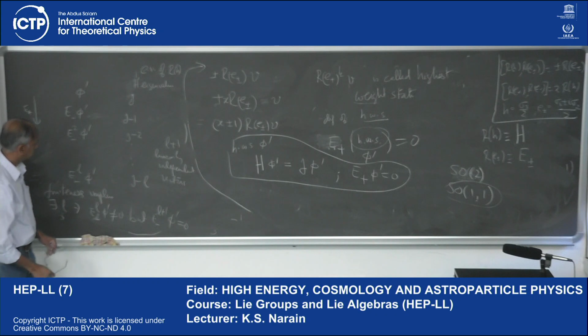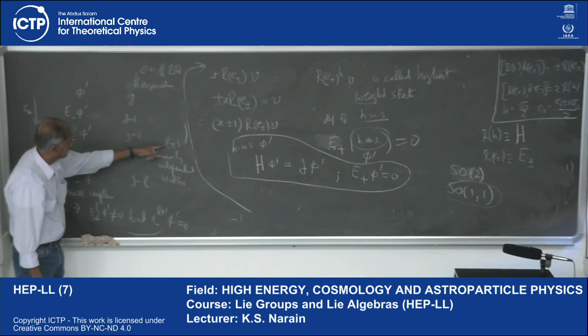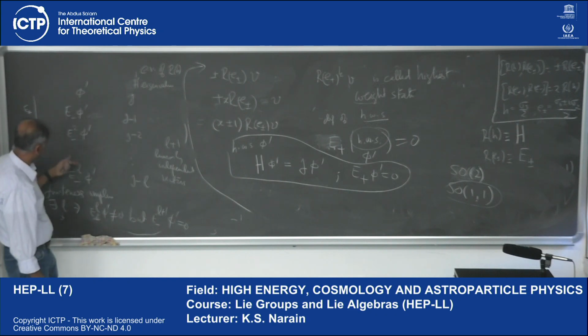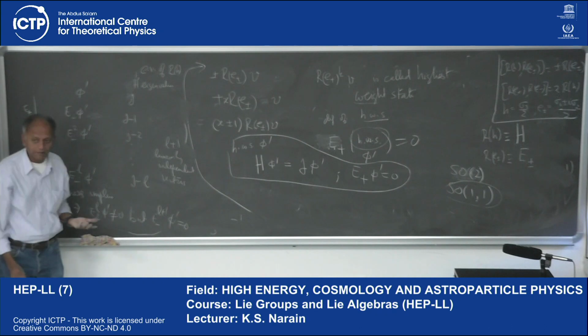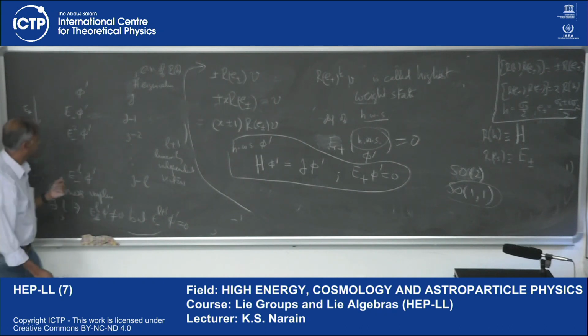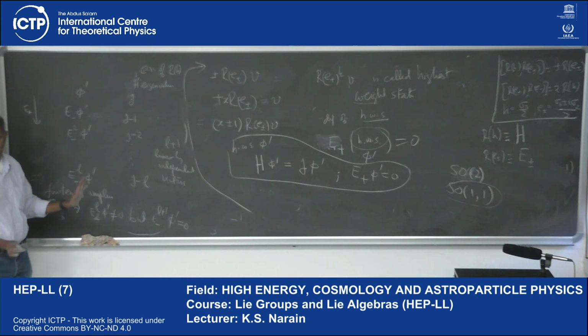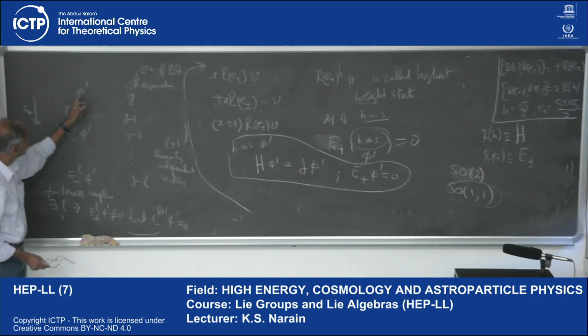That's the first statement. The second question you can ask is: does this L plus 1 dimensional space give a representation of the Lie algebra? We already know that the E minus action just takes me from here to there, so E minus is perfectly well defined in the space. H is also well defined because each of them is an eigenstate, so H acting on the state gives you back the same state.